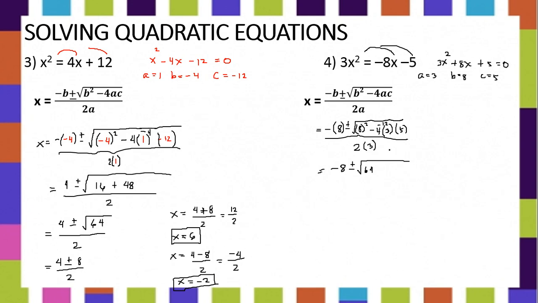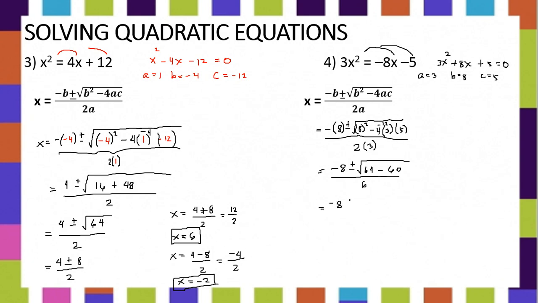Negative 12 times 5, negative 60. Over 2 times 3 is equal to 6. Next, simplify pa rin natin.